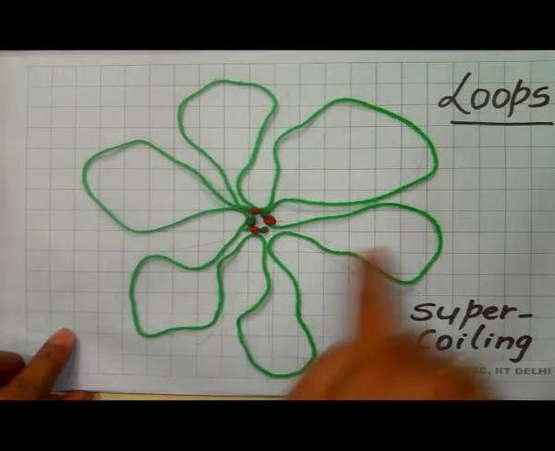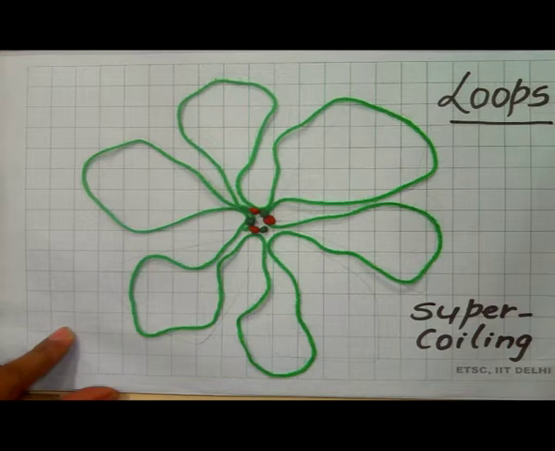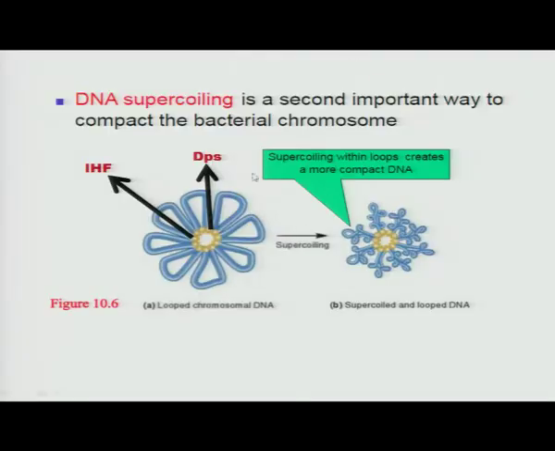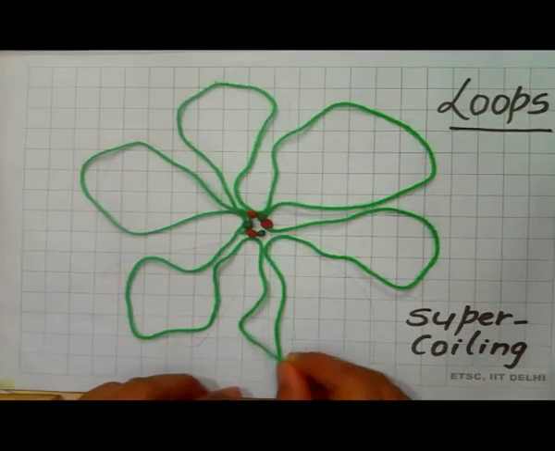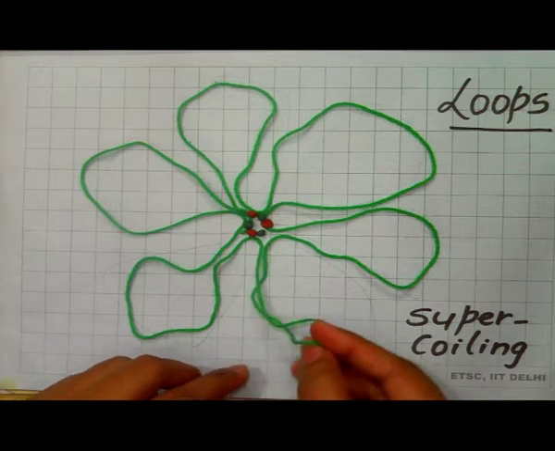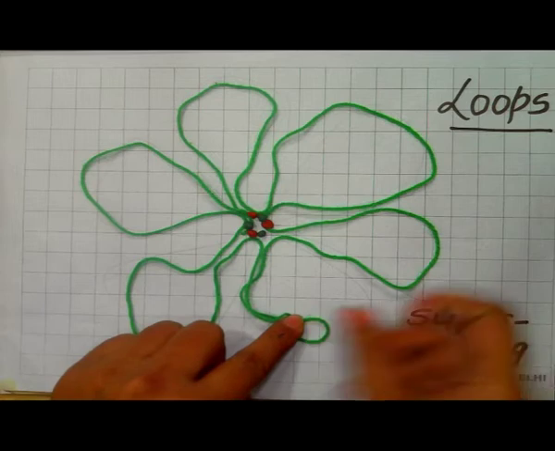Now these loops of the bacterial genome again form supercoils. You can see in this slide, these loops will again get coiled, supercoiled, to reduce the size. These loops form negative supercoils like this to reduce the size.